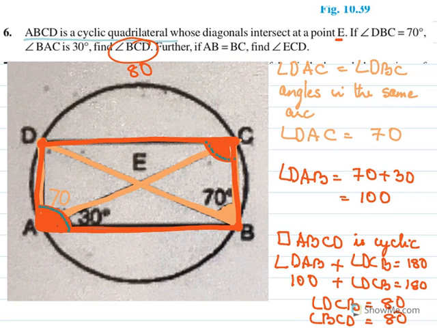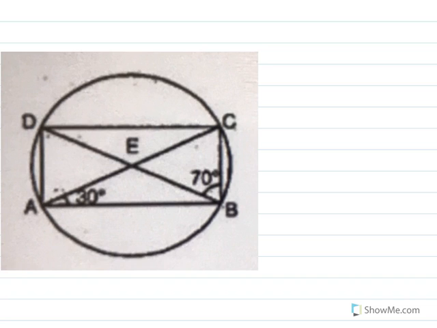The next part of the sum says if AB equal to BC, find ECD. They have given us AB is equal to BC. If AB is equal to BC, so this is 30, this also will be 30. So let's write that. AB equal to BC.